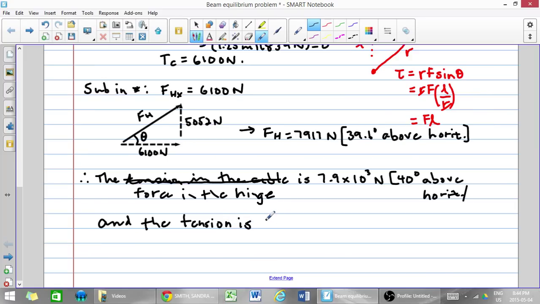And the tension is 6.1 times 10 to the 3 newtons.